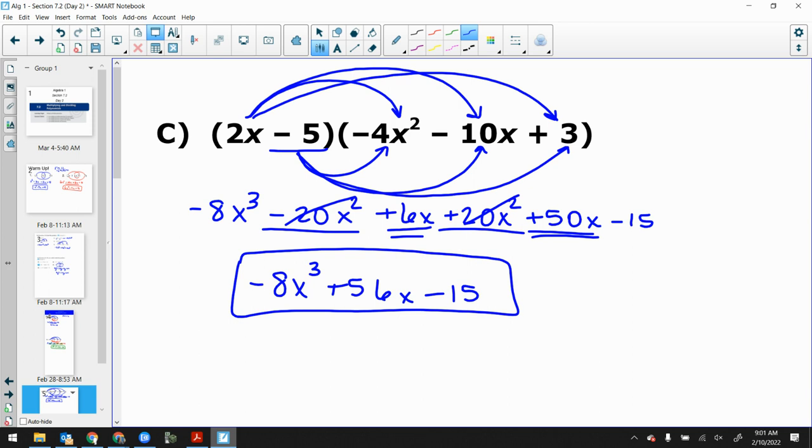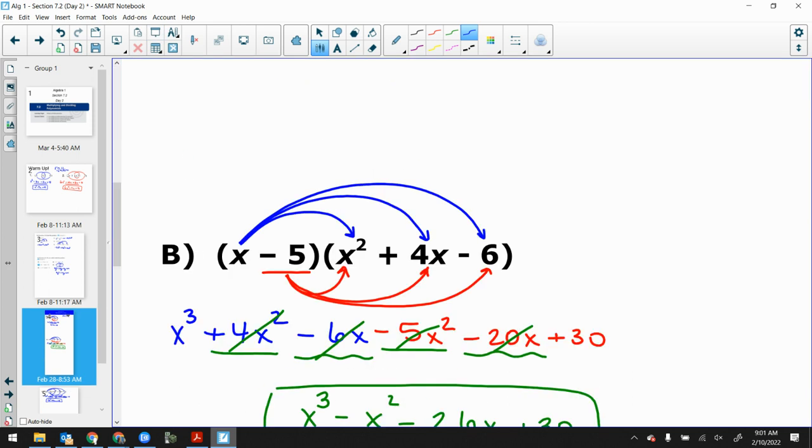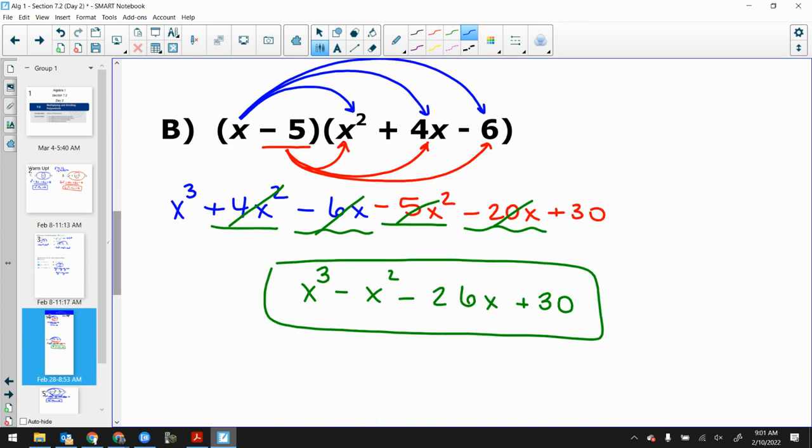Questions about that? Yeah. So on the last question, did you go to like the last? Yep. I don't know, because we had the negative 20x, and then we had the negative 6x, but then we added them.